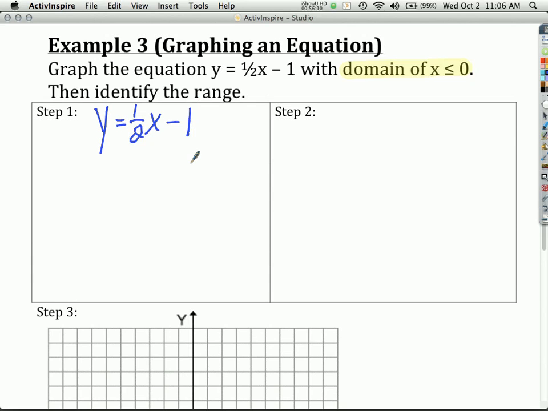So someone give me the first step in getting it in function form. Kayla? That was an outstanding statement that she just made. It is already in function form. Boom, step 1 is done. Step 2. What's step 2? Anissa? Put it in a table. So we're going to make a table of values.